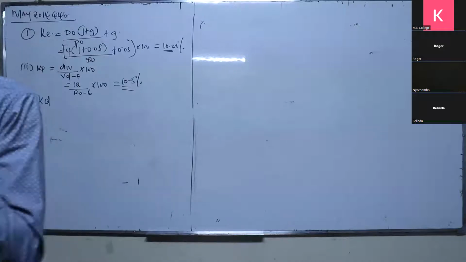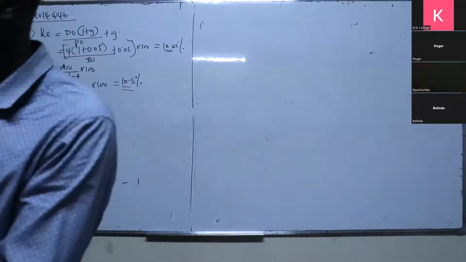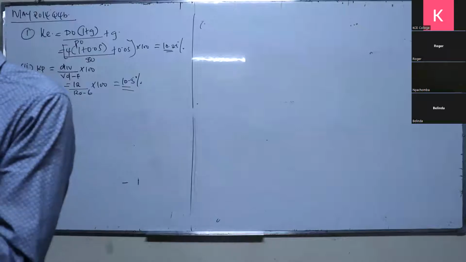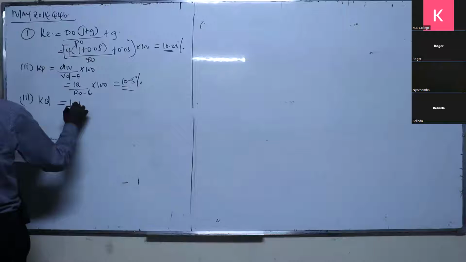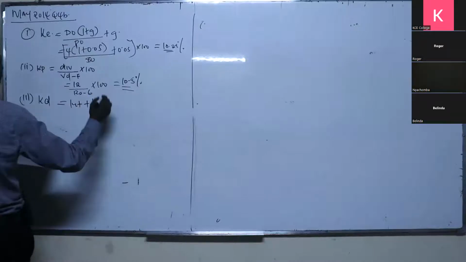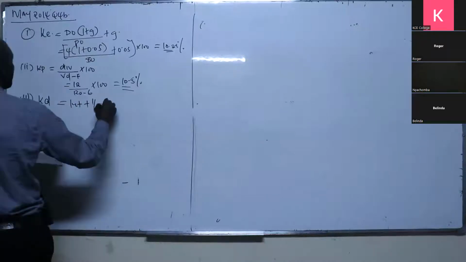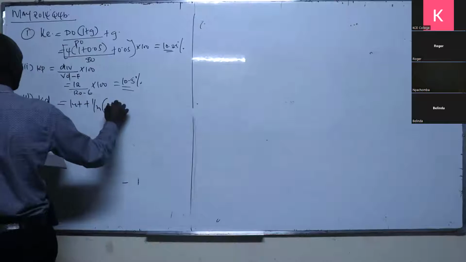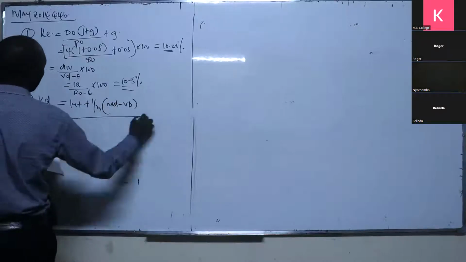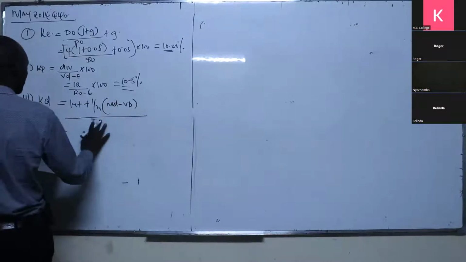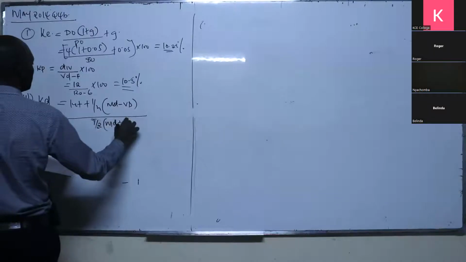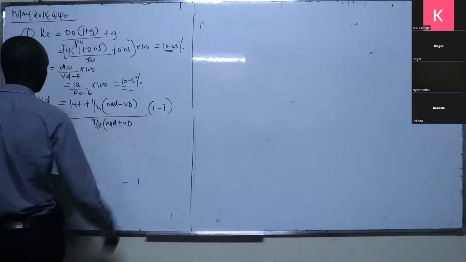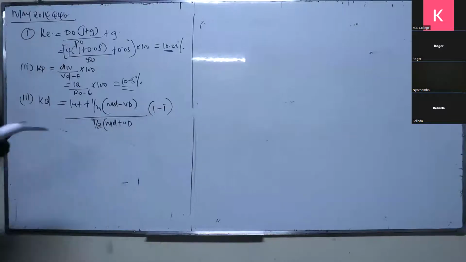In this one, the company will sell 12% debentures with a maturity period of 10 years. So we said it is interest plus (MD minus VD) over n, over a half of (MD plus VD), multiplied by 1 minus T. Interest is based on the par value of the debenture.